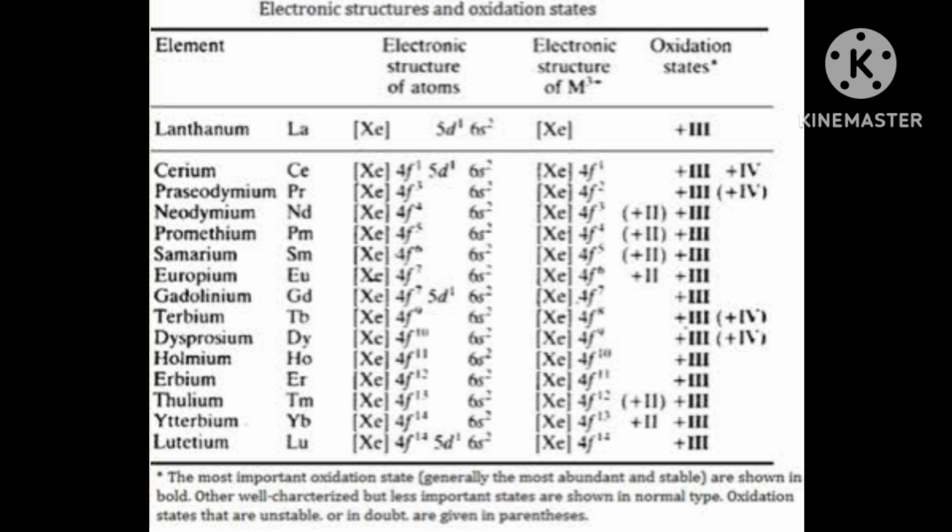MO2 have plus 4. And Eu2+, europium ion, Eu2+ is favored by losing the 2 electrons, and its f7 configuration. After losing 2 electrons, it gets f7 configuration.